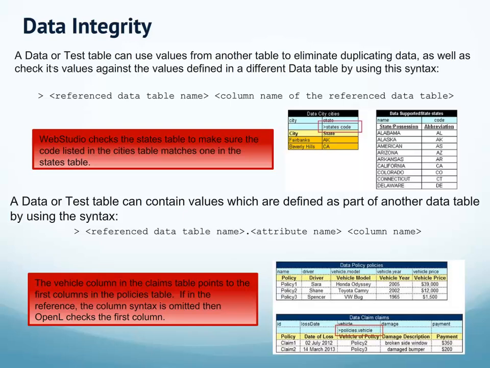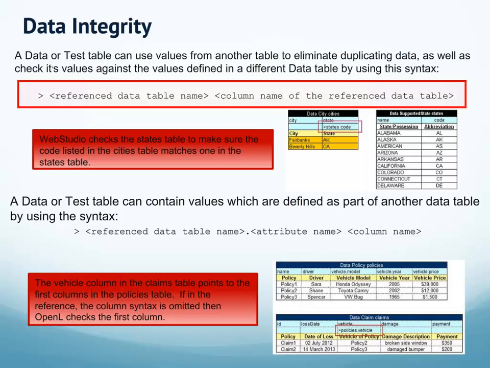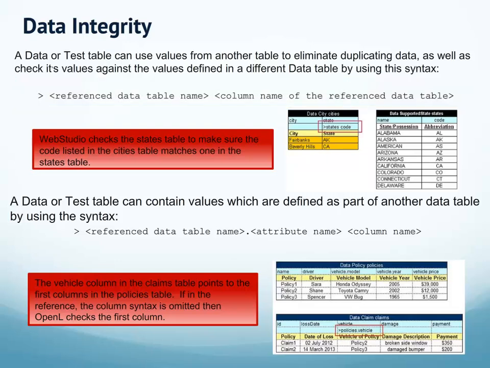If you use the bracket sign and then the reference data table name and also then the column name of the data table that you're checking against, you can see in this example, WebStudio will check the states table to make sure the code listed in the cities table has a match in the states table.